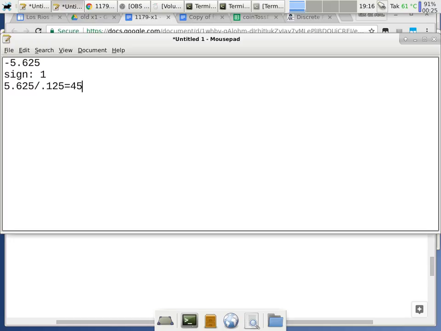In other words, the value that we want to represent is negative 1, which is taken care of by the sign, times 45 times 2 to the power of negative 3. Is that okay? Is everybody convinced that we can rewrite negative 5.625 as a base 10 number as negative 1 times 45 times 2 to the power of negative 3?